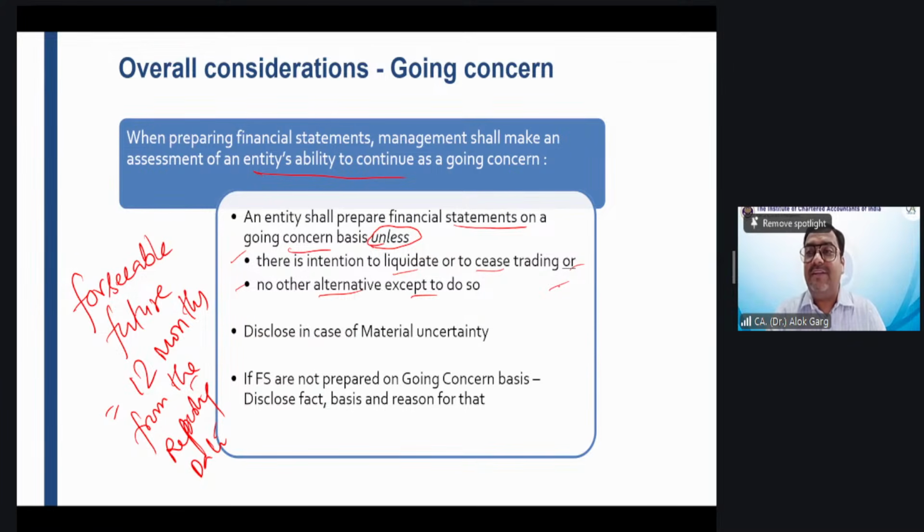So in this case, does the company have any alternative except to shut down the business, yes or no? No. So whether the company will prepare the accounts on a going concern basis or some other basis?